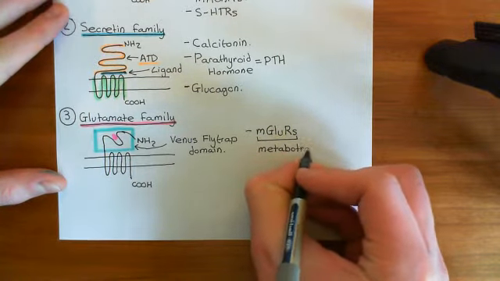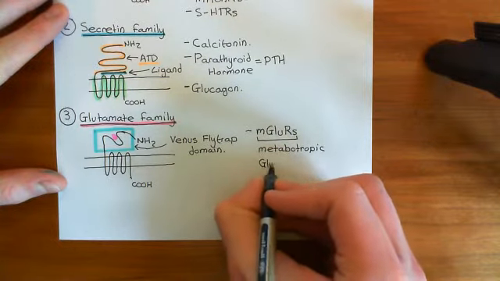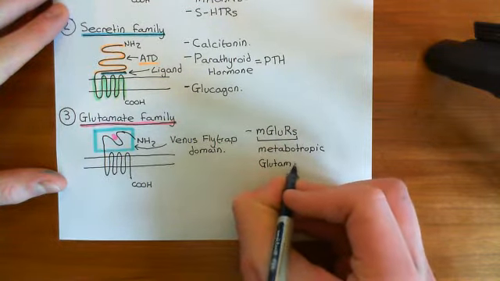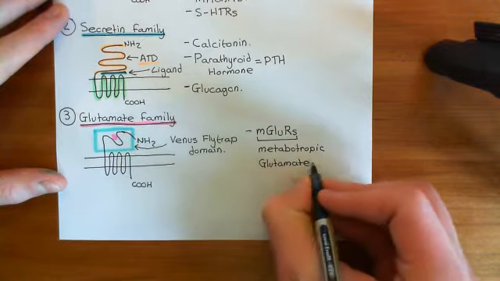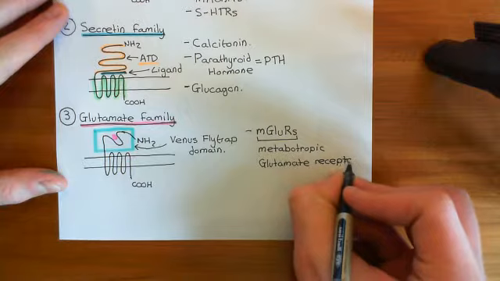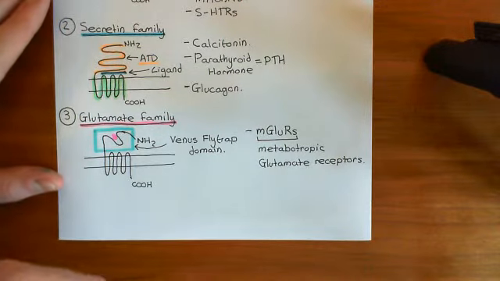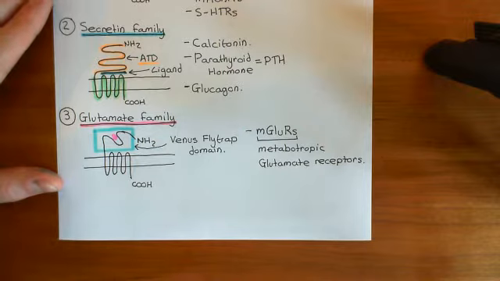Glutamate is the most important excitatory neurotransmitter within the brain. However, the most important receptors for glutamate are not G-protein coupled receptors. They are ligand-gated ion channels. The ionotropic glutamate receptors are the main receptors, and as I say, they're ligand-gated ion channels.